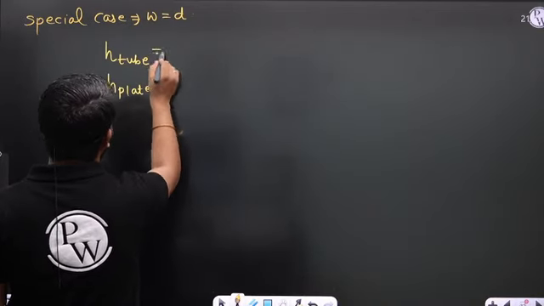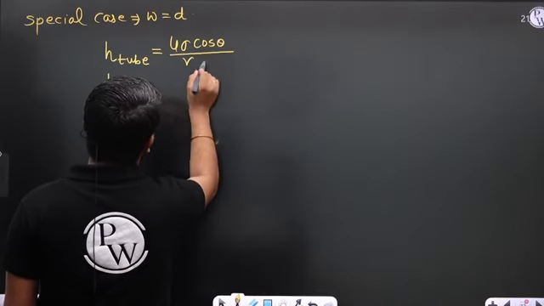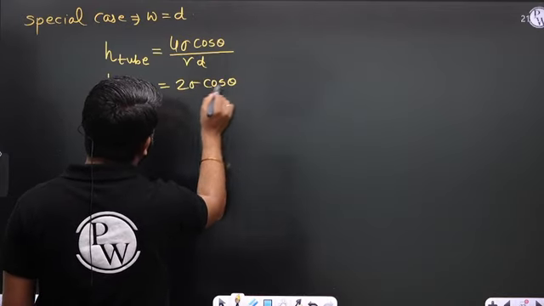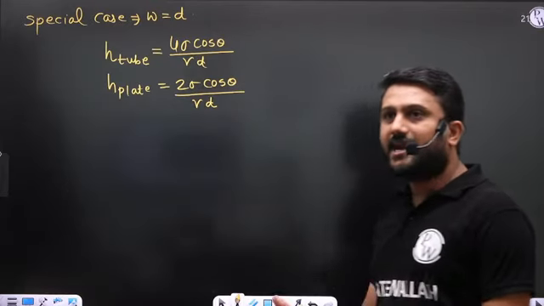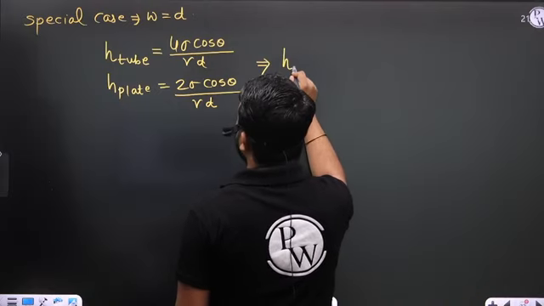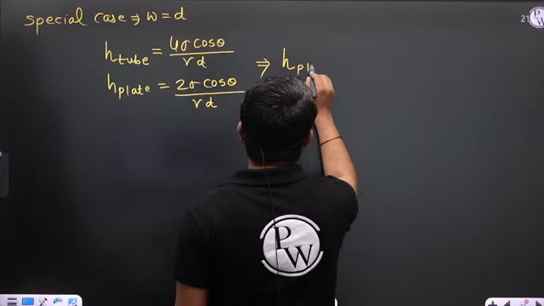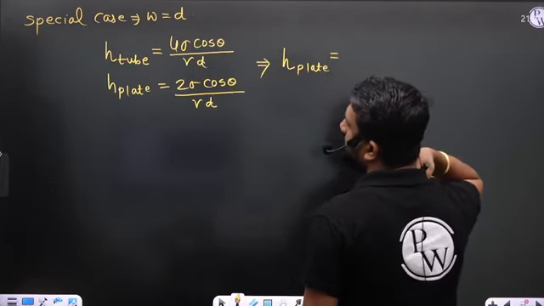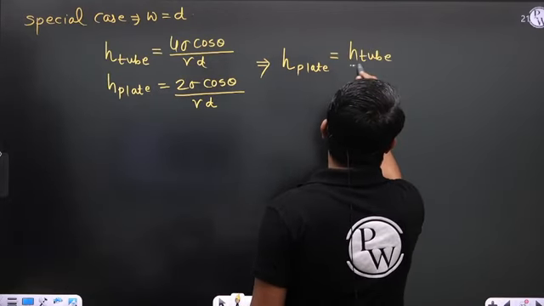We know that in the tube case it is 4 sigma cos theta divided by gamma into D. In the plate case it is 2 sigma cos theta upon gamma into D. So we can easily comment that H plate is equal to H tube divided by 2.